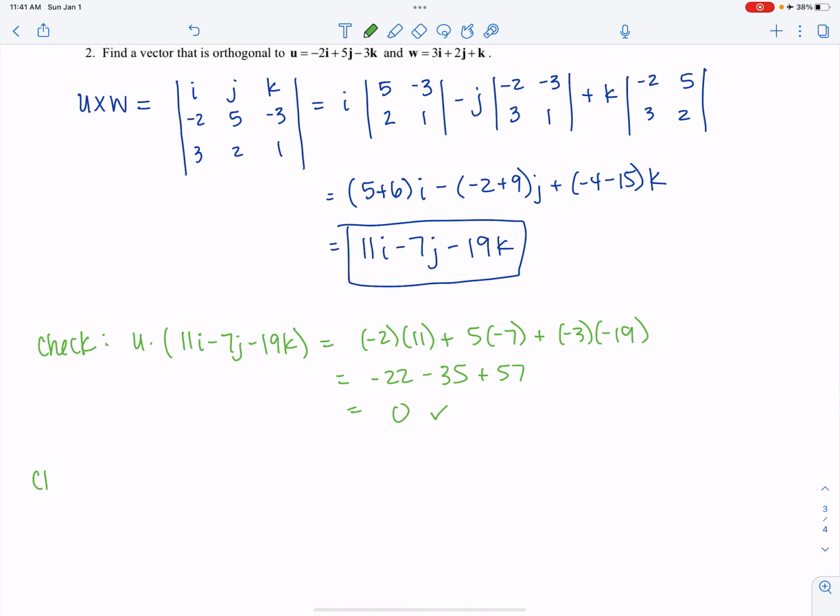Then we'll check w dotted with this vector, 11i minus 7j minus 19k.